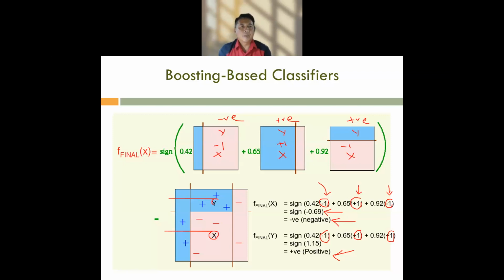Boosting is the best classifier but a bit complex, because it requires understanding of which ones are incorrectly classified, how you compute the error, and then how you combine them and normalize them and proceed with the next classifier.